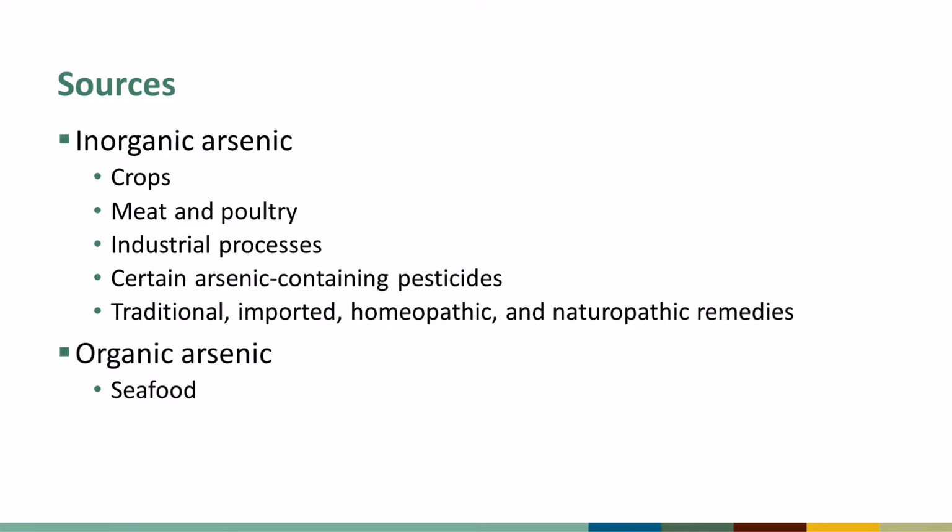Some traditional, imported, homeopathic, and naturopathic remedies can contain arsenic. Seafood naturally contains arsenobetaine and arsenocholine, which are organic forms of arsenic that are essentially non-toxic. However, shellfish in contaminated bodies of water can also contain inorganic arsenic.